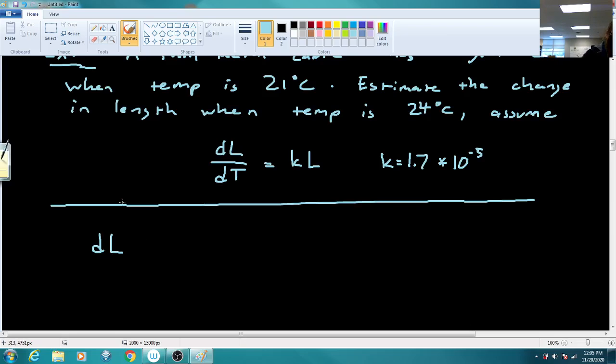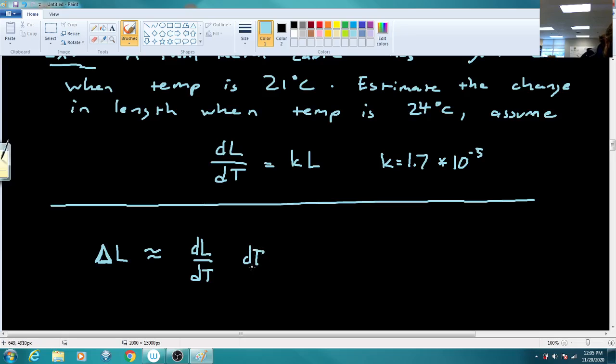I guess really what we're looking for is the change in length. We're going to say we can estimate that by dl dt, the change in length with respect to temperature, times the change in temperature.